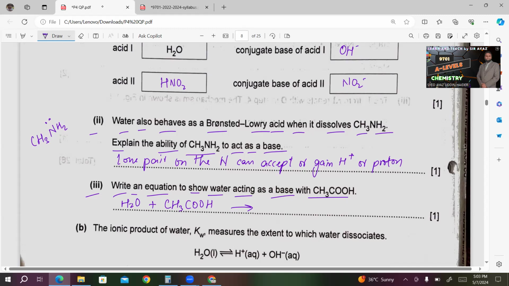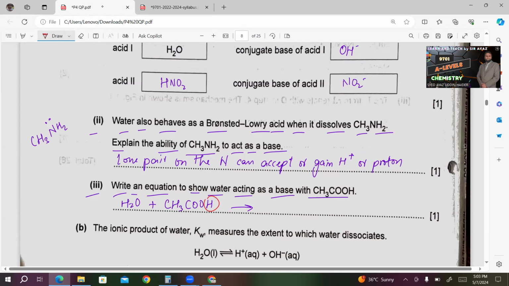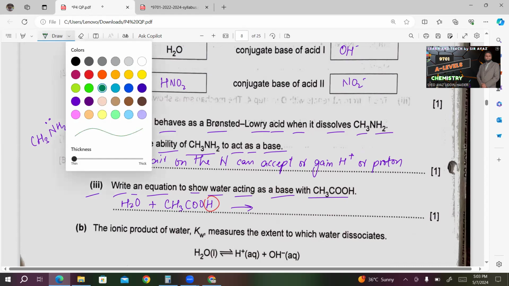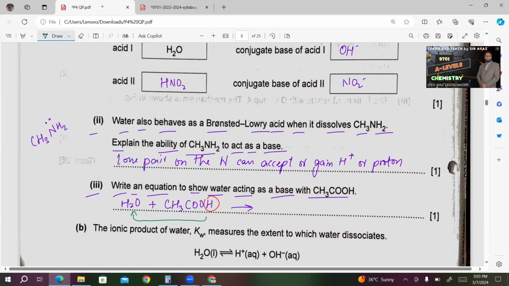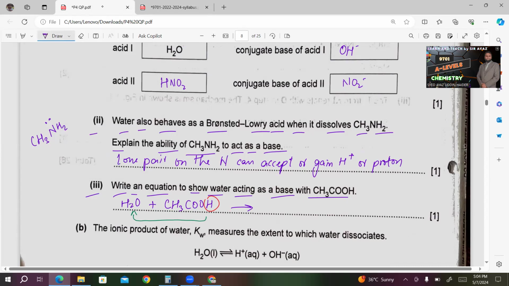It must lose this hydrogen ion, and this will be taken by this H2O. So the product must be H3O positive plus CH3COO negative.